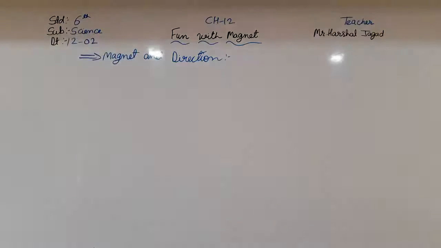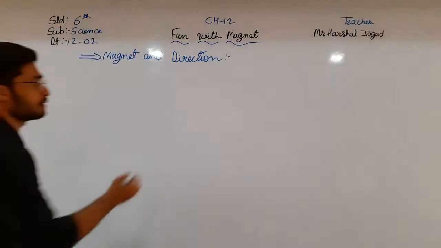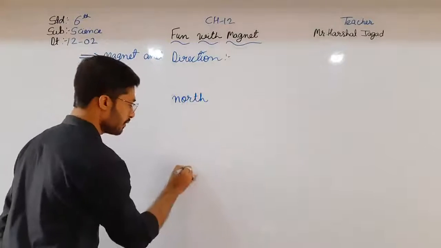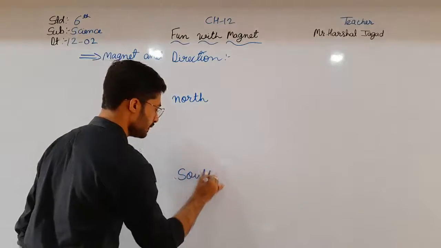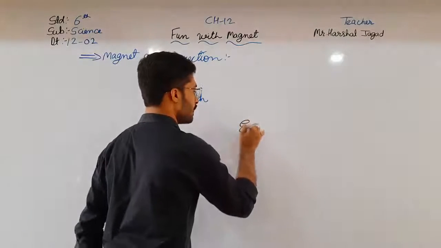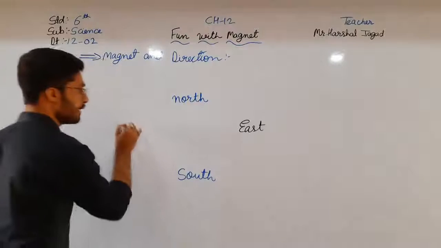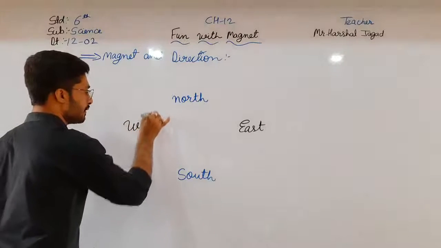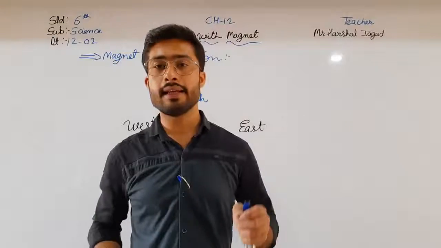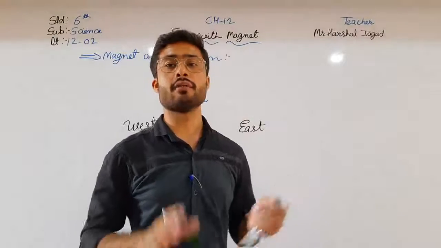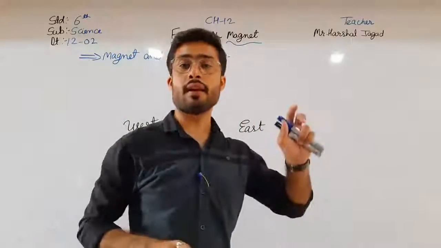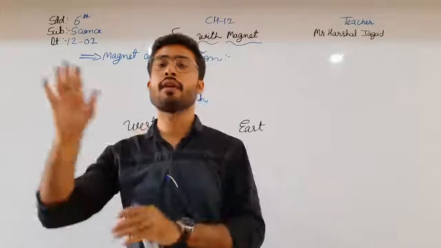We know that here is north, south, east, and this side west. What they did was see the position of the sun, and they could know whether we are going in this direction or that direction.